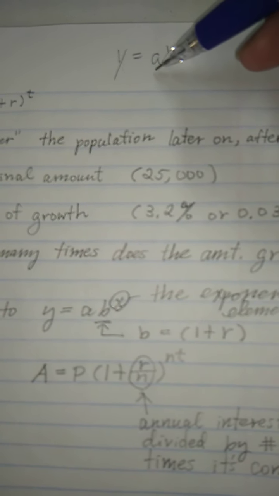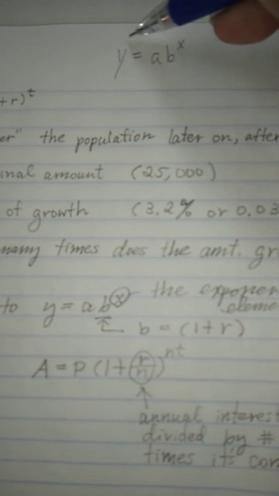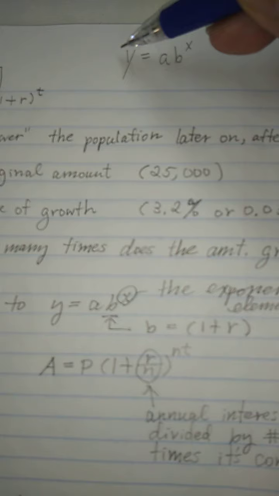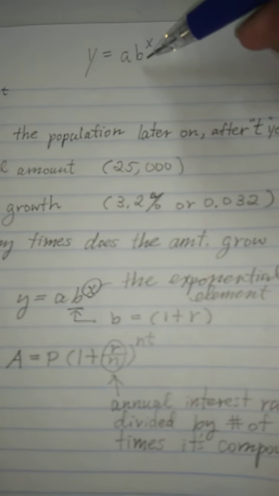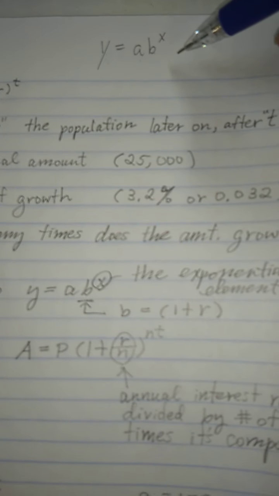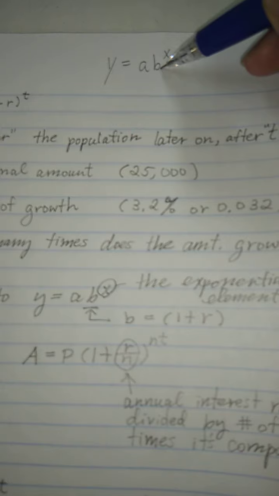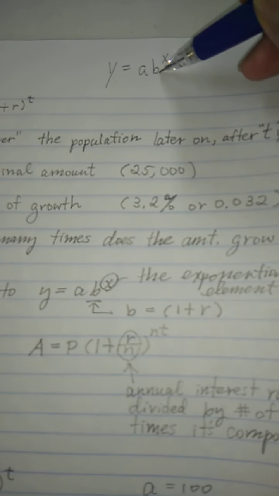A is the original amount of your problem. Y is going to be the future amount after growth or after decay. This is the general one that describes an exponential behavior. The b is what determines whether it's a growth question or a decay question.